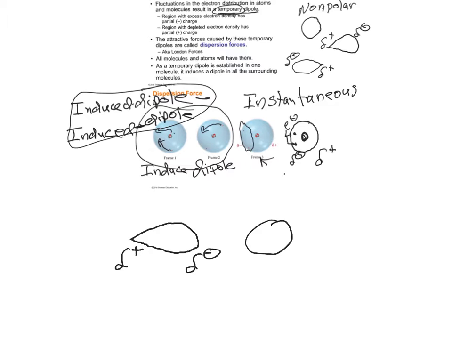So this is a polar molecule, has a permanent dipole, and once it gets close to a nonpolar molecule, this dipole is going to repel the electrons to the other side and cause it to form a dipole that it can interact with. So in this case, this would be a polar molecule. It has a permanent dipole, and if this is a nonpolar molecule, this would be an induced dipole.